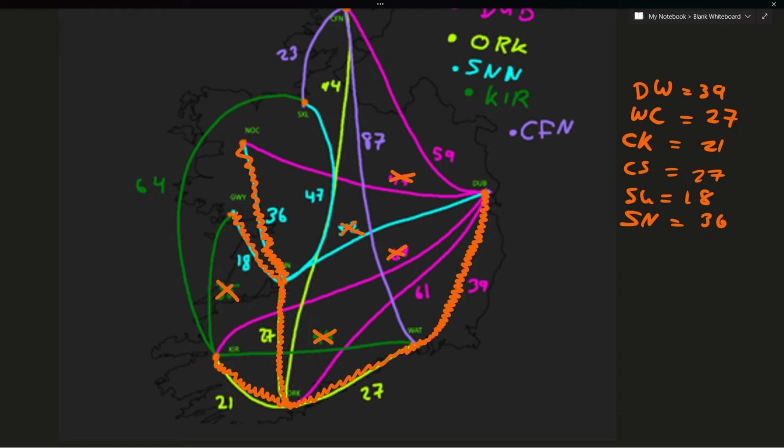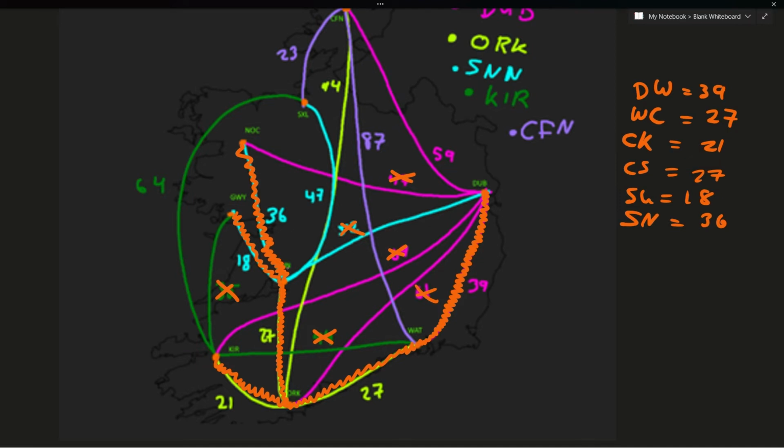What is the next shortest? Well, we have Shannon to Sligo at 47. Oh my god, sorry, I'm only seeing this now, but Cork to Dublin would create a cycle. Are there any more Dublin ones that create a cycle? No. Okay. They were all really long anyway, so it wouldn't have actually mattered.